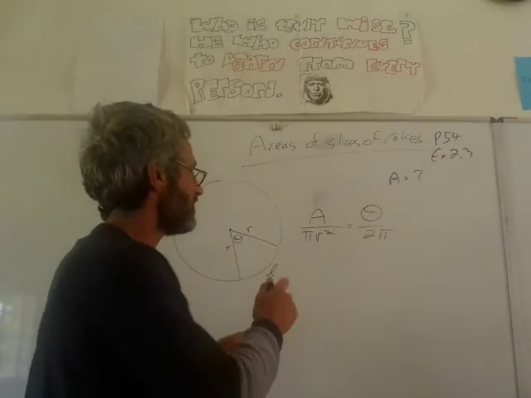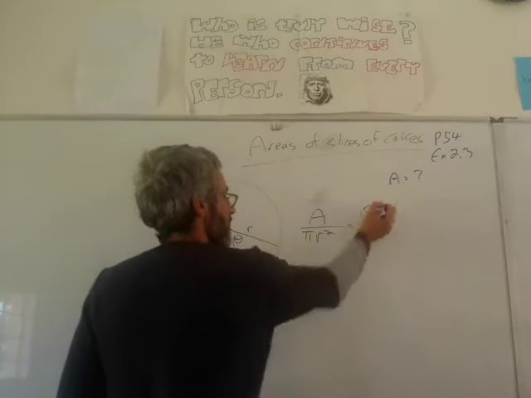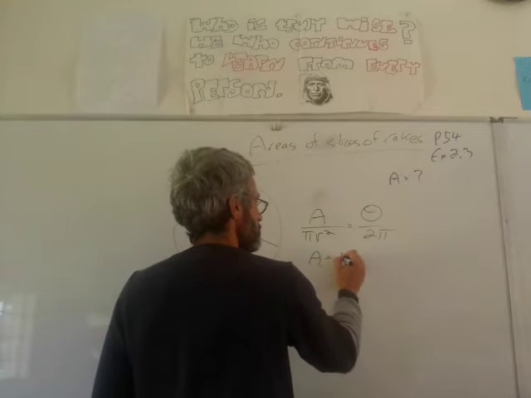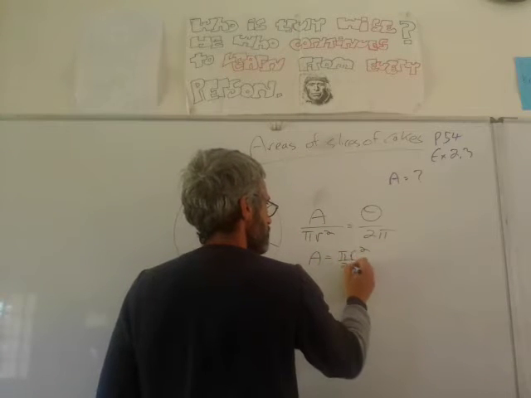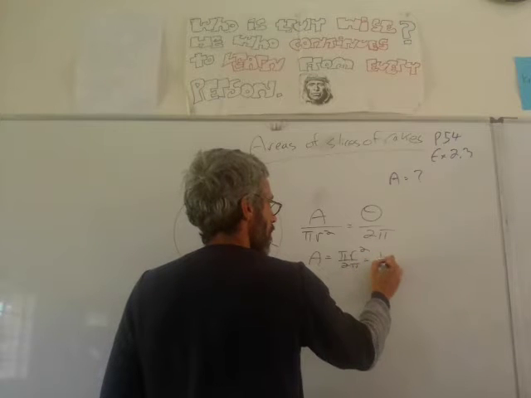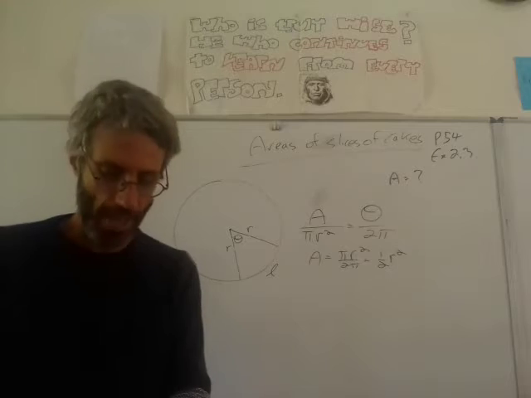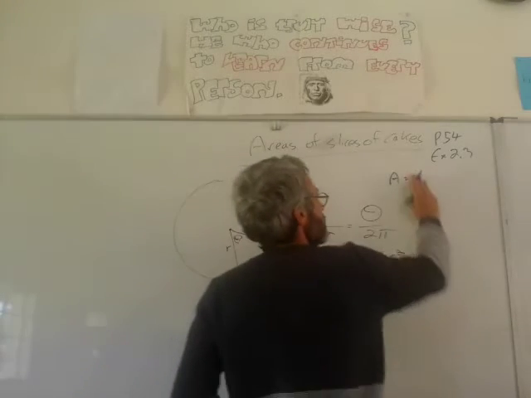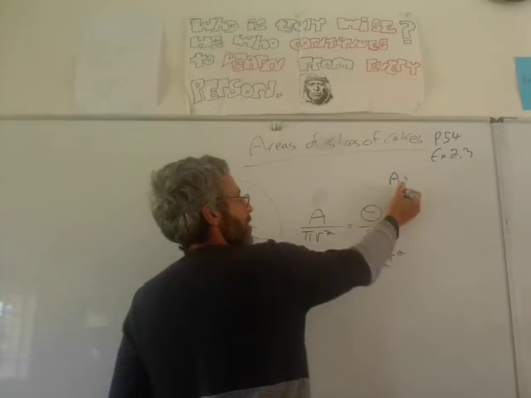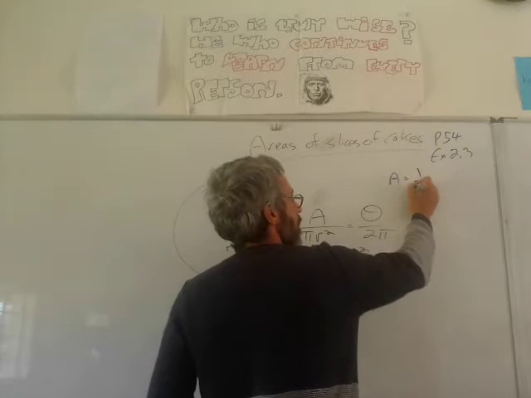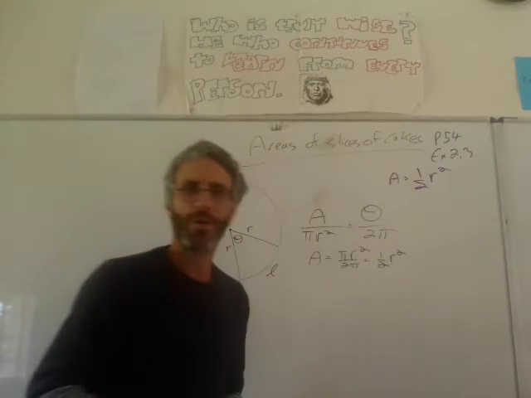Moving that around to the other side, A is equal to pi r squared divided by 2 pi, so A equals half r squared. And that's our equation that we just developed together. The area of a slice of cake is half times the radius squared.